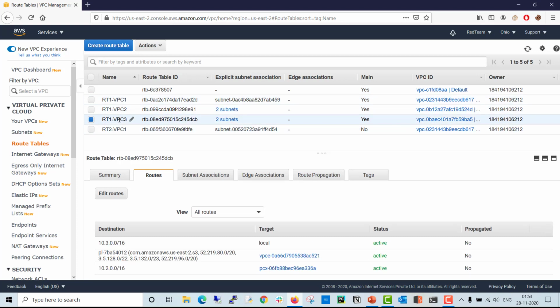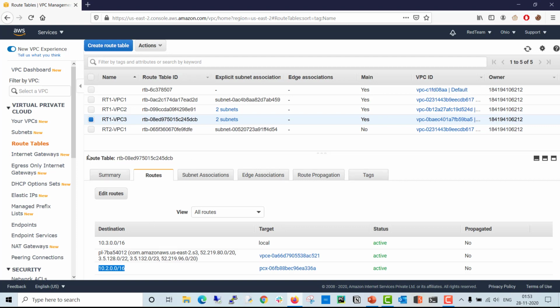Same if you go to VPC3: this is the local route, and you can see you can still access the S3 service because the endpoint is active here, and at the end peering is also mentioned. So using a routing table you can check how two VPCs can communicate, and whether there is any internet gateway or NAT gateway attached. This is how you can define all these things.